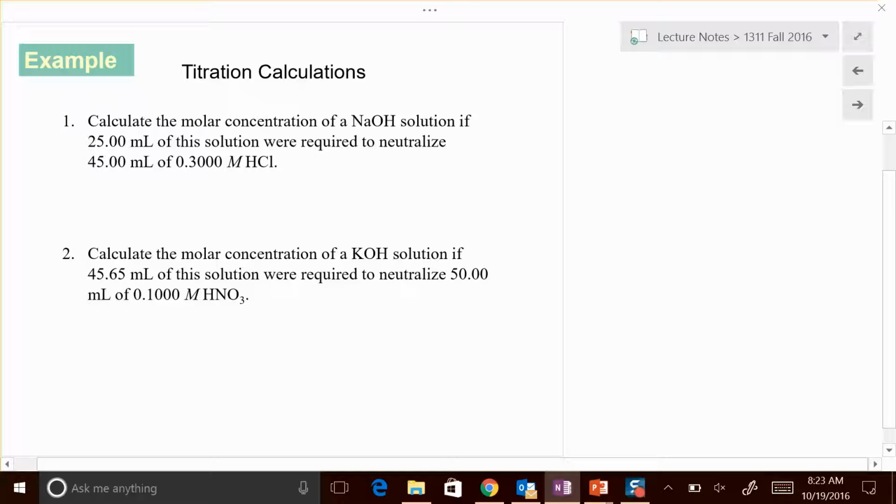Calculate the molar concentration of a sodium hydroxide solution if 25 milliliters of this solution were required to neutralize 45 milliliters of 0.3 molar HCl. So we have 45 milliliters of a 0.3 molar HCl solution. Okay. So MaVa equals MbVb. What am I solving for?